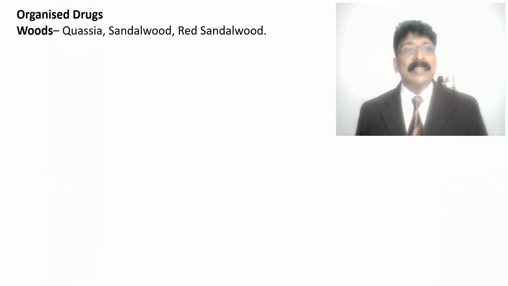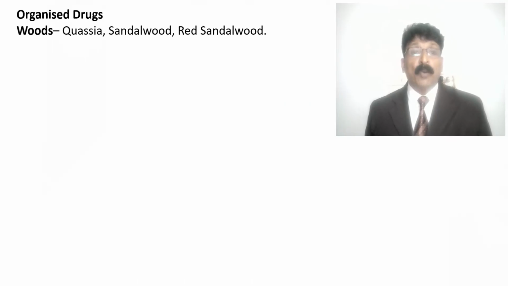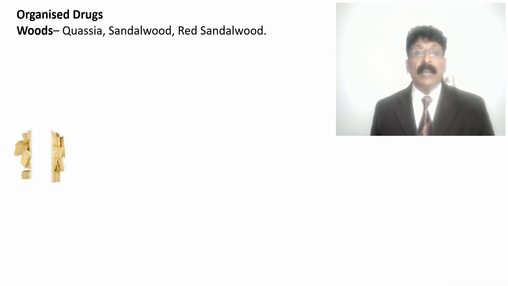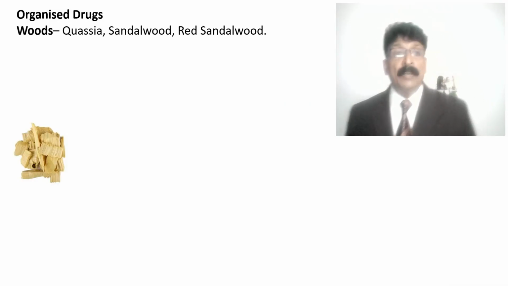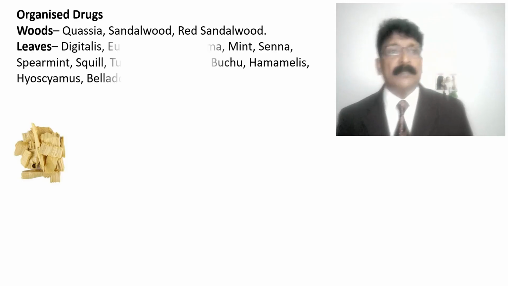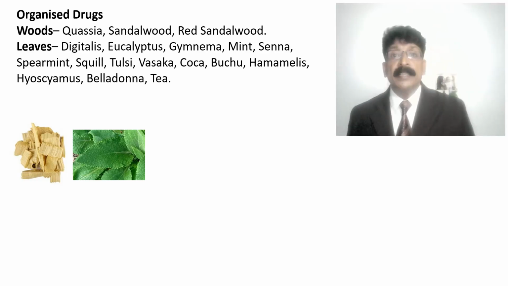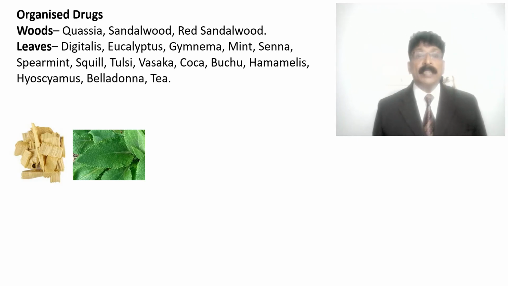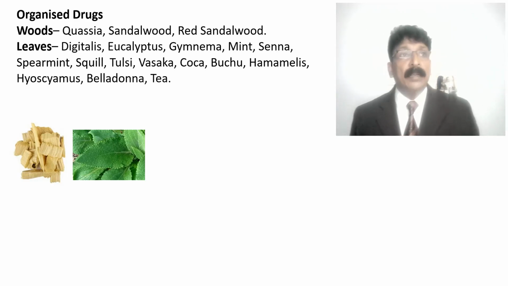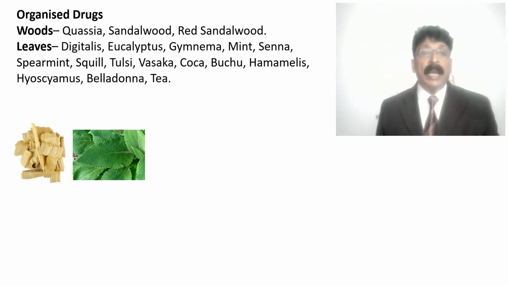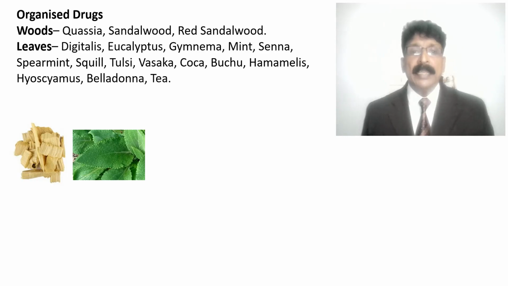Organized drugs, woods, example: quassia, sandalwood, red sandalwood. This is an example of quassia. Leaves like digitalis leaf, eucalyptus, gymnema, mint, senna, spearmint, squill, tulsi, vasaka, coca, bacopa, hamamelis, hyoscyamus, belladonna, tea.